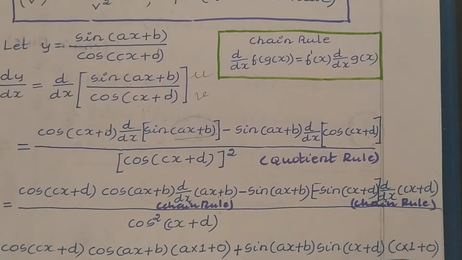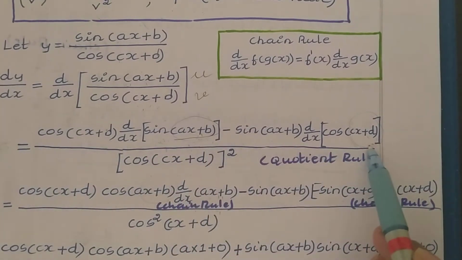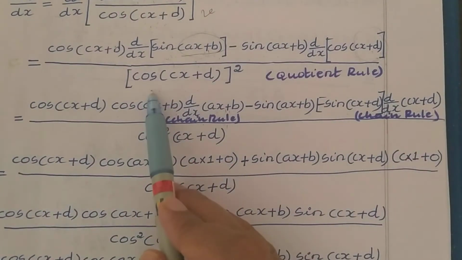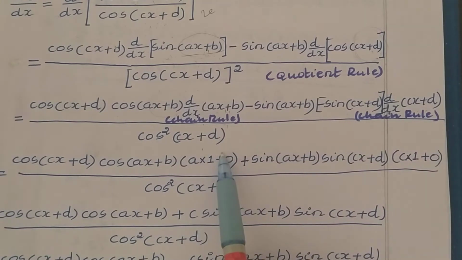I got this and this by applying the chain rule, because in these two we have two functions: sine and ax + b, cos and cx + d. Then divided by cos square (cx + d).